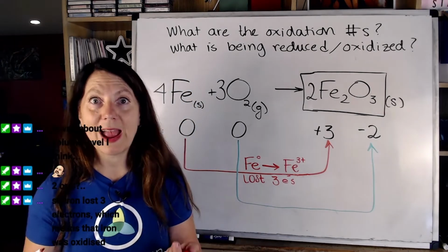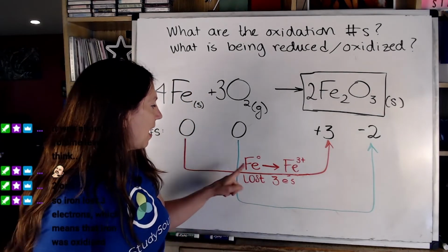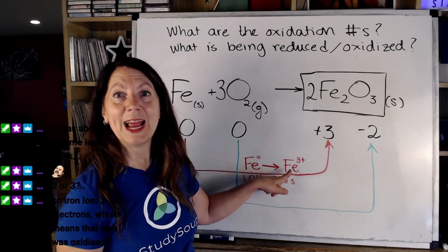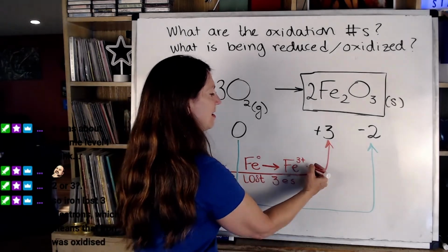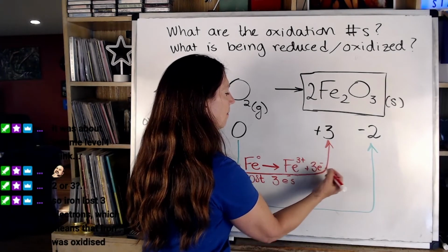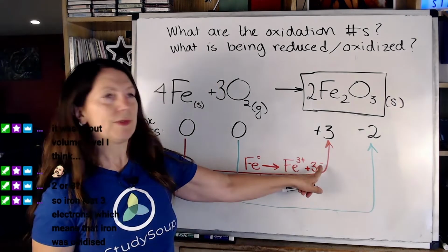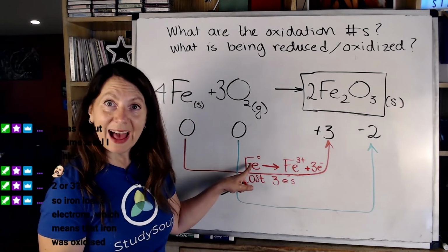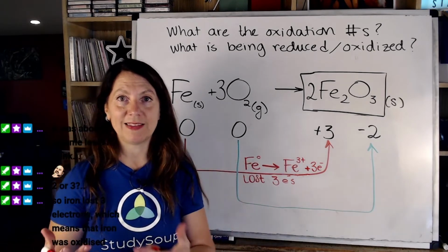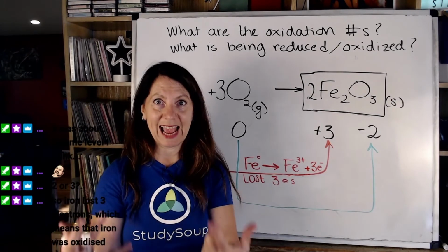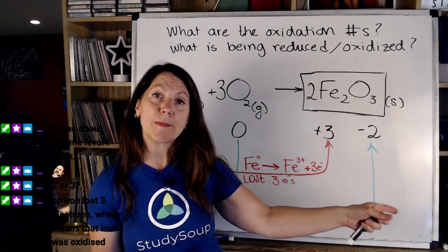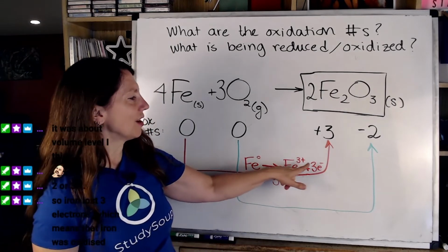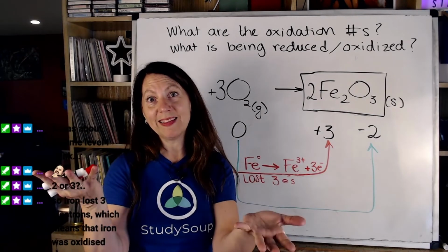So another way that we can show that is that the iron 0 became iron +3, and then these 3 electrons are like products. Those 3 electrons were separated from the neutral atom, and that leaves behind a positively charged ion, a cation, and those 3 electrons that are now separate. All right, and you can also look at this as charge balancing.